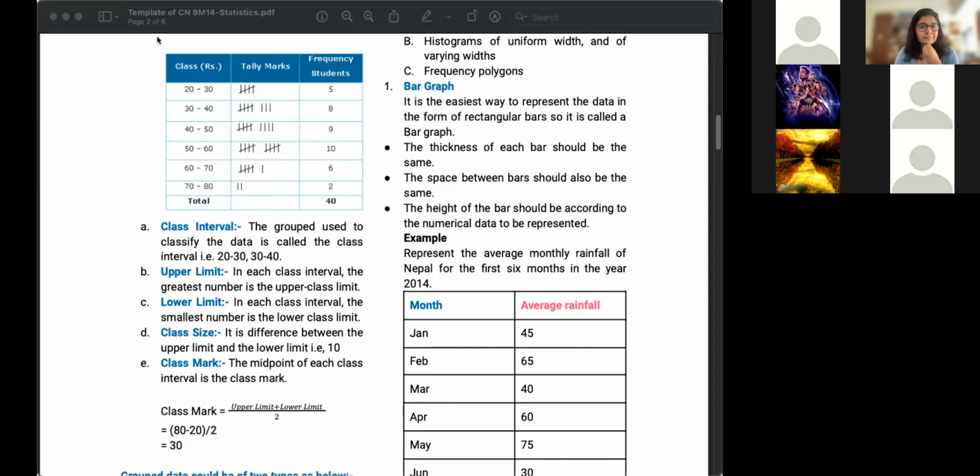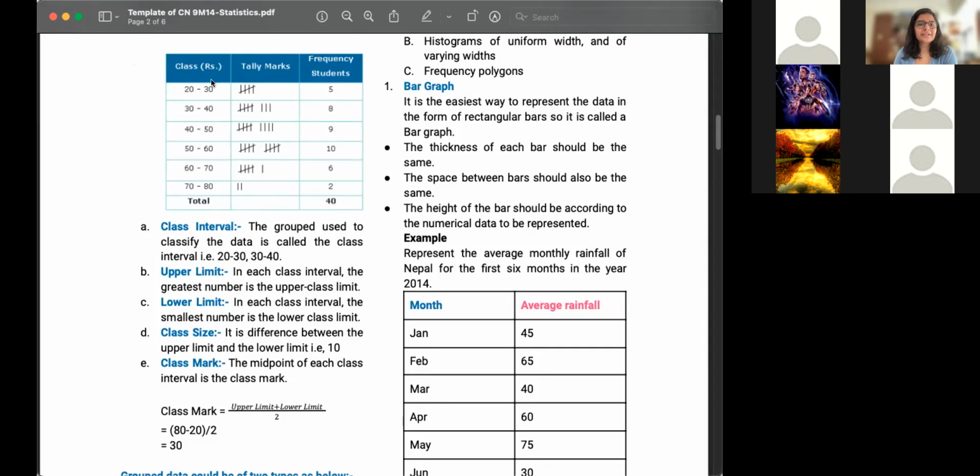Like if 20 to 30, then 5 students are in that range of the data, we could say.